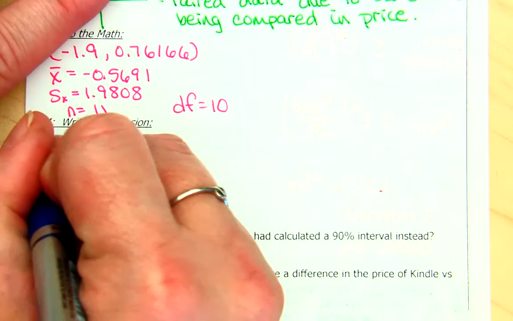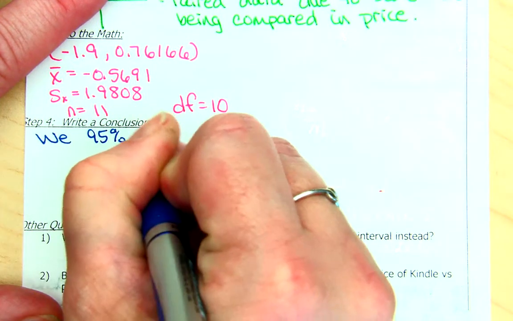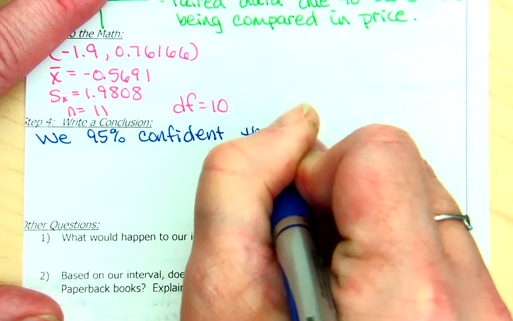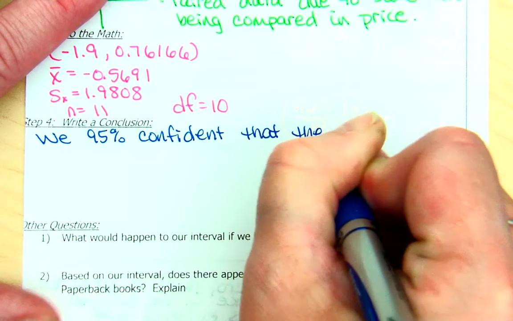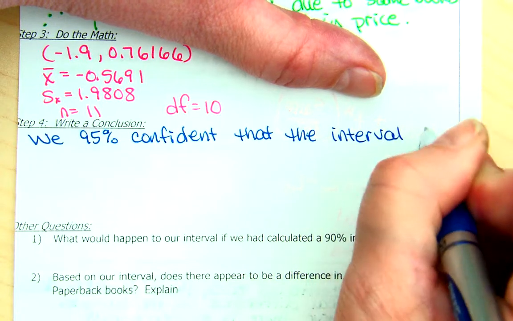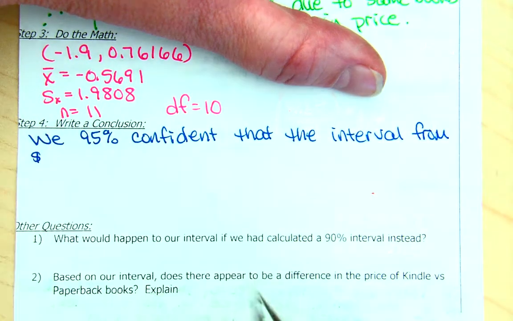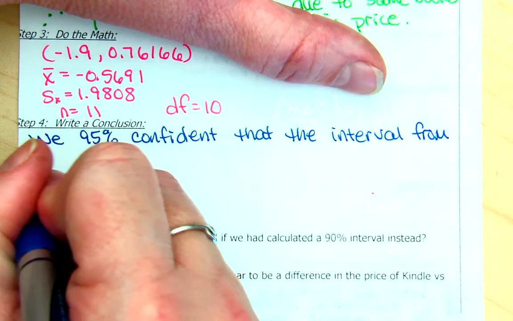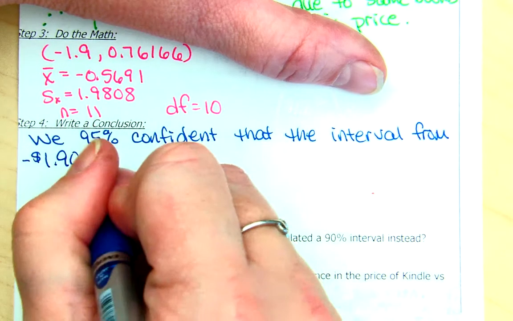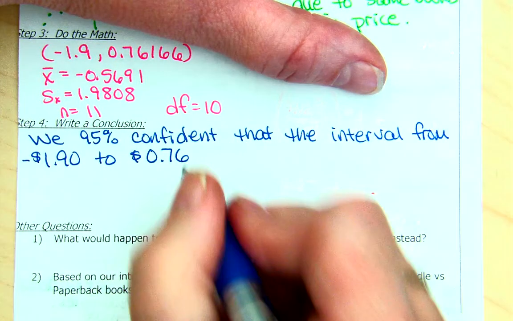So I'm going to say we are 95% confident that the interval, and since this is talking about money, I'm going to put $1.90 to 76 cents.